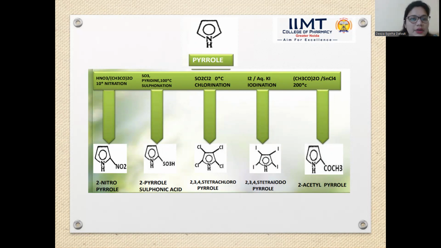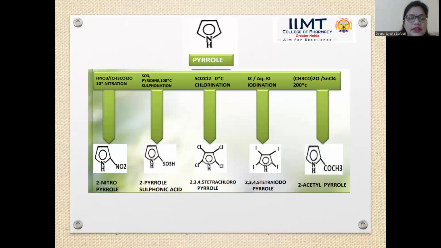When we treat pyrrole with HNO3 and acetic anhydride, it gives 2-nitropyrrole. At the second position, the nitro group is attached. And in sulfonation, when we treat pyrrole with sulfur trioxide in the presence of pyridine at 100 degrees Celsius, it gives pyrrole-2-sulfonic acid.